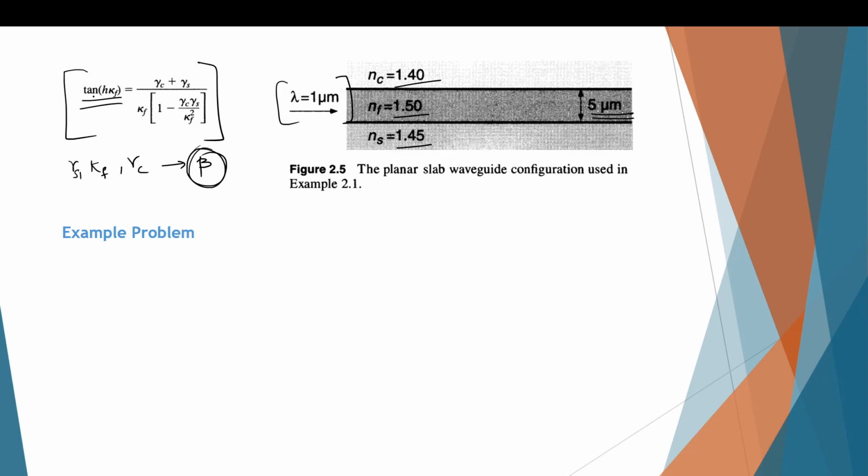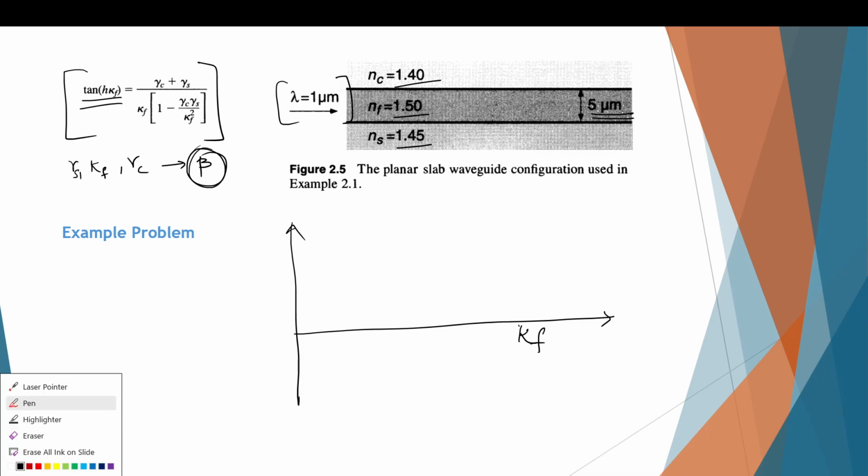Whenever we see such equations, the way to solve it is to plot. So we'll have a kappa f plot. This is my kappa f x-axis, and then I'll plot tan kappa f.